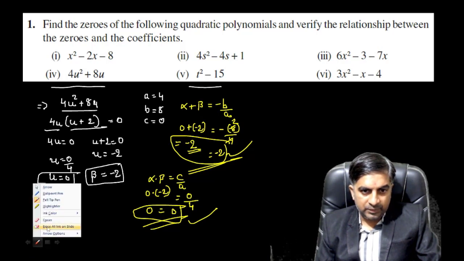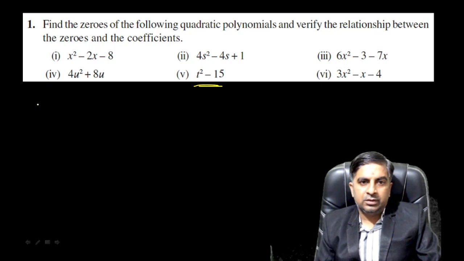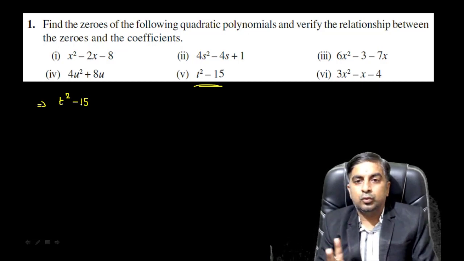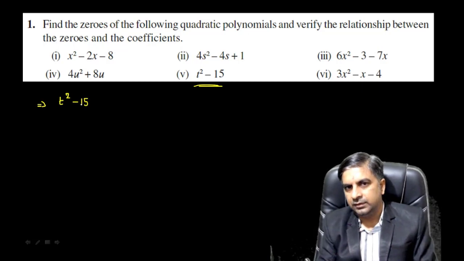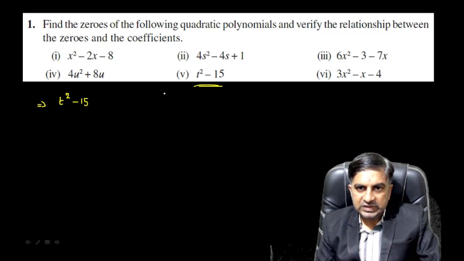Now problem, generally students have a problem in this type of question. Now you need to understand guys, here t square minus 15. This sum you can solve by 2 different methods. Directly converting 15 into root 15 also will help you. And one more thing, what is your a here? A with t square is 1.